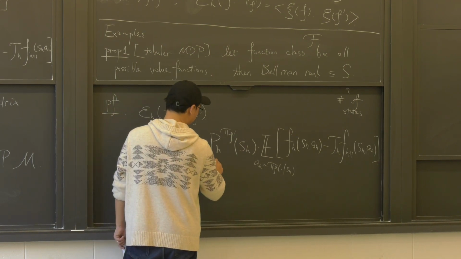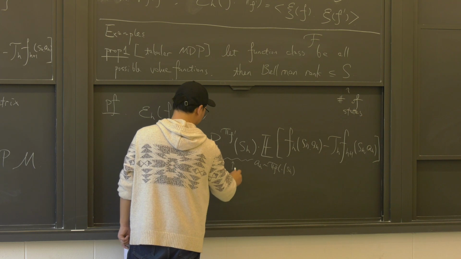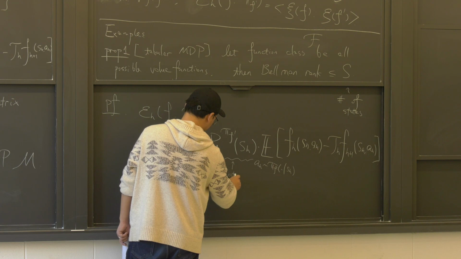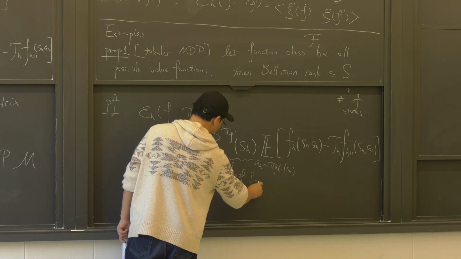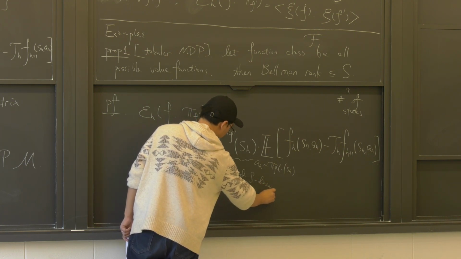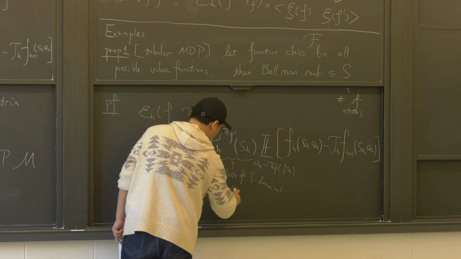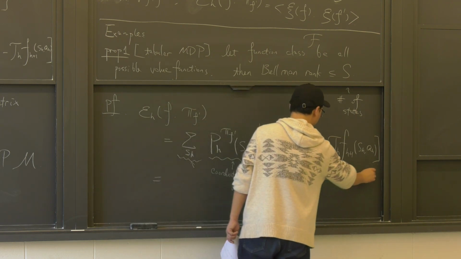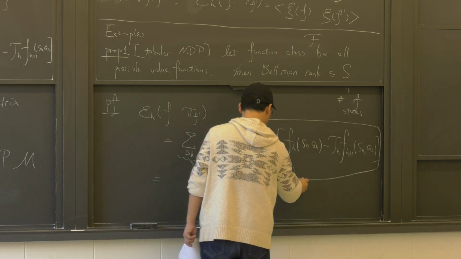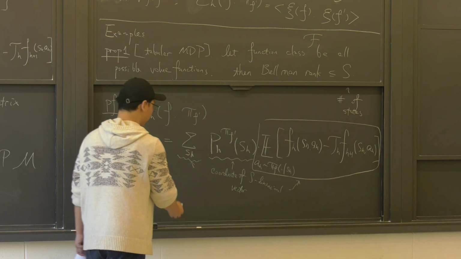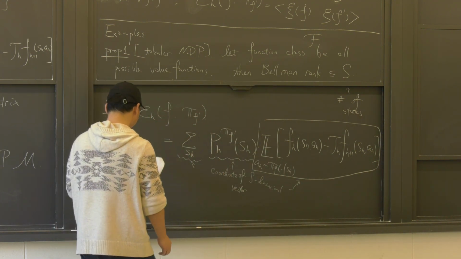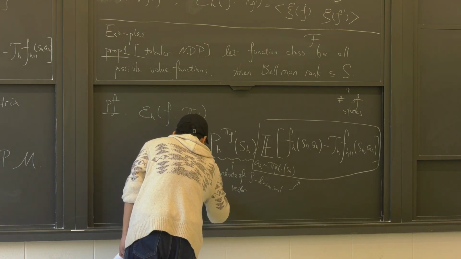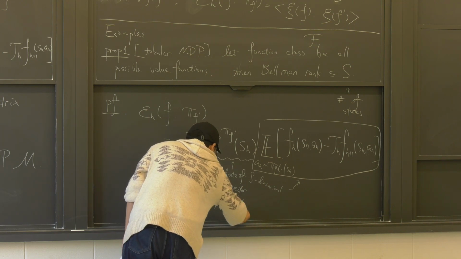You can think of this thing as a coordinate of an S-dimensional vector, and this thing is also a coordinate of an S-dimensional vector as well. This is essentially a summation over the coordinates. So we already have the form of the inner product of xi f and zeta f prime.